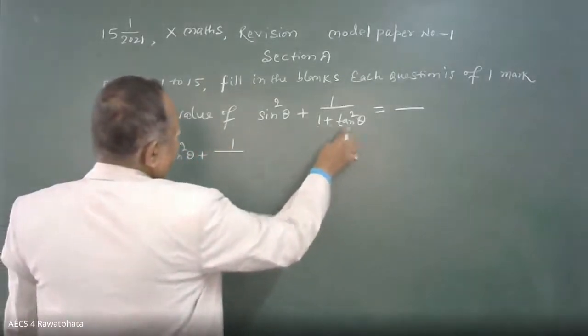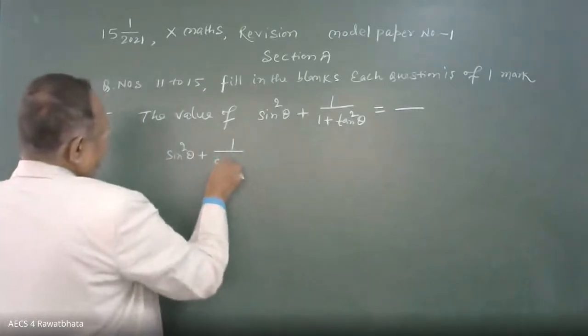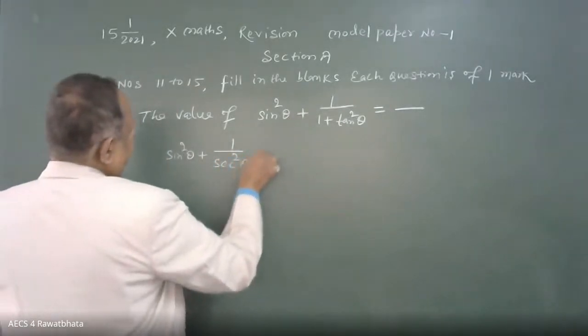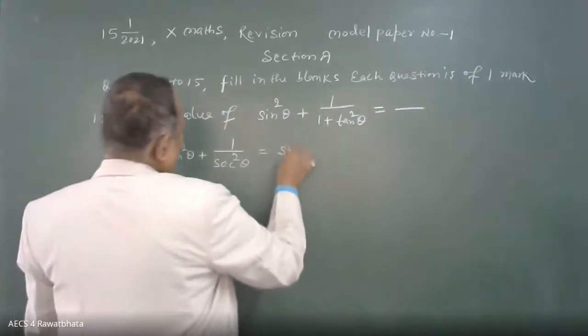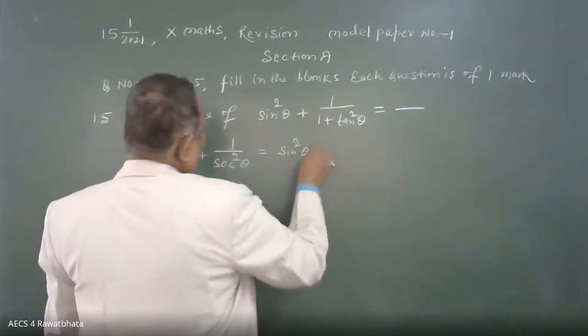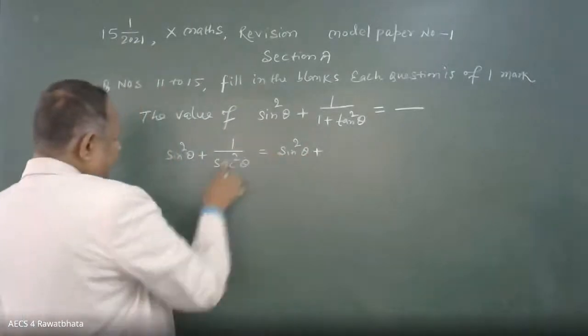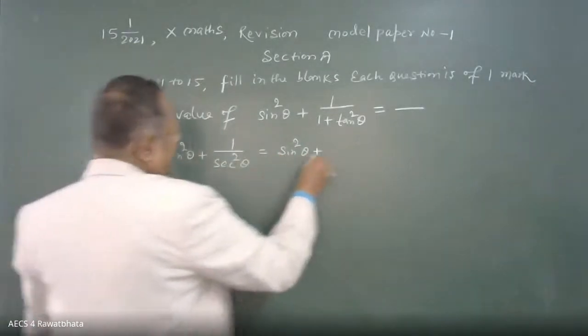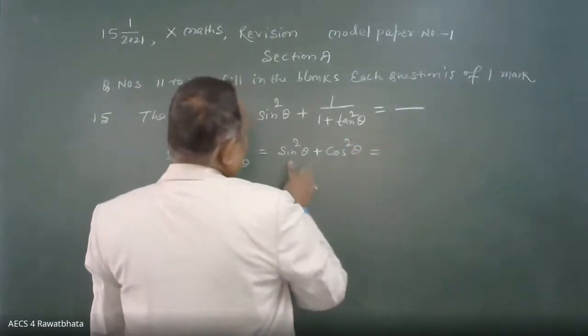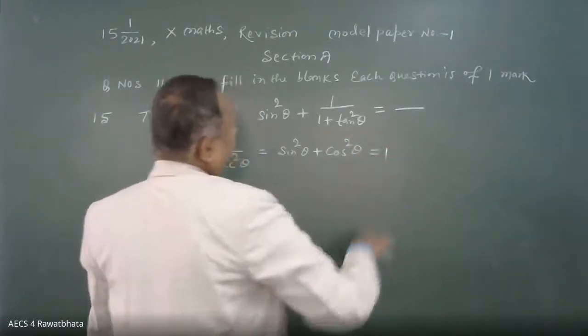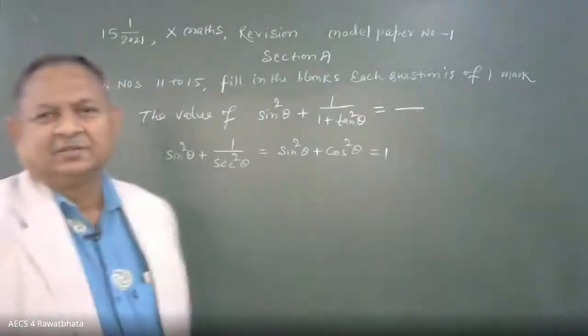Sin square theta plus 1 by sec square theta, cos square theta, and sin square theta plus cos square theta is 1. So your answer is correct. 1 is the correct answer.